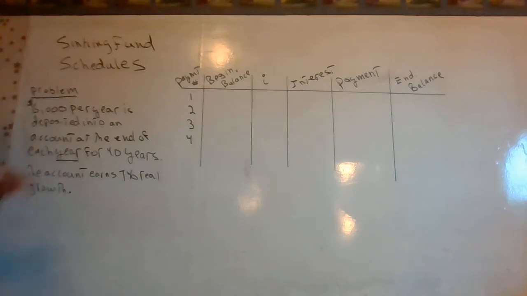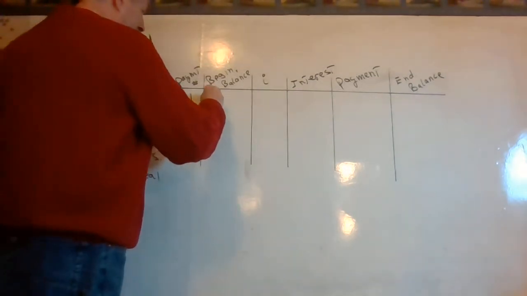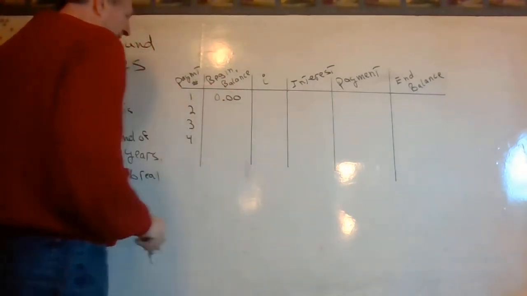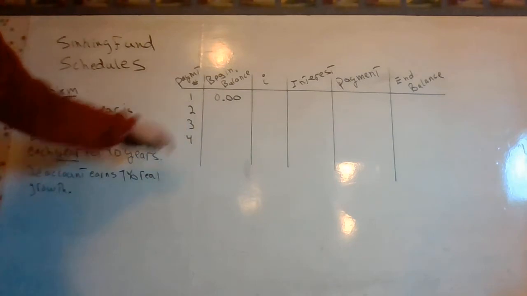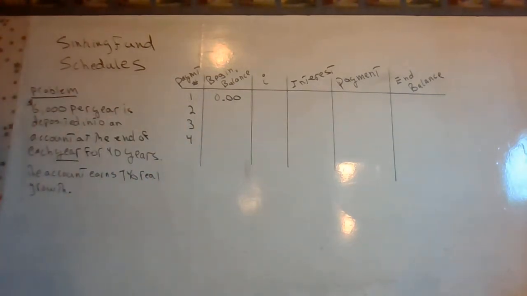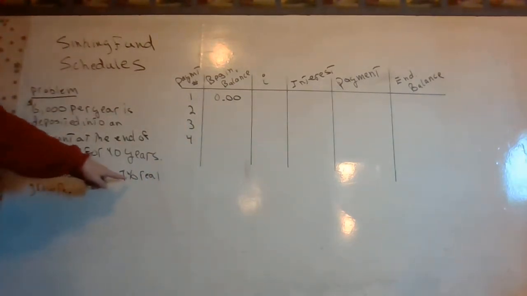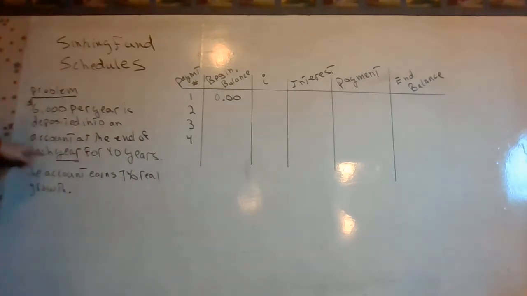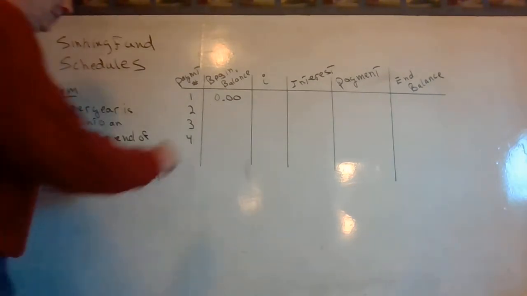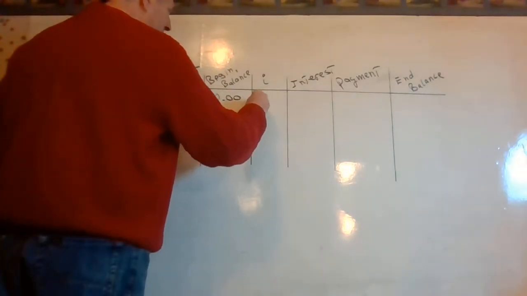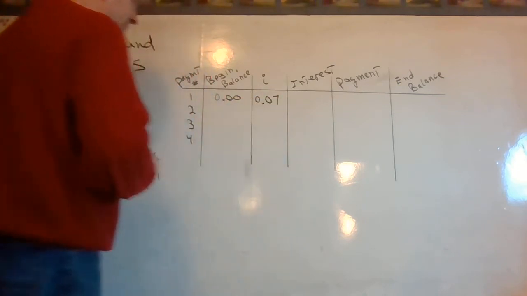Well, here's what's going to happen. $6,000 at the end of each year. We're going to start with nothing, so the beginning balance is $0.00. And if you want, you can leave the dollar sign off. This is 7% real growth per year, and we're doing it at the end of each year, so i is going to be 0.07.